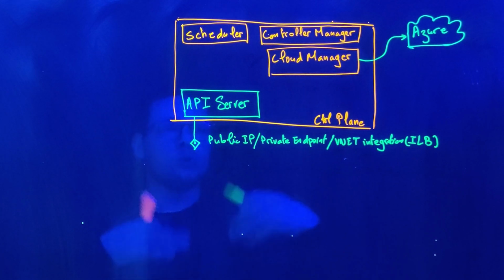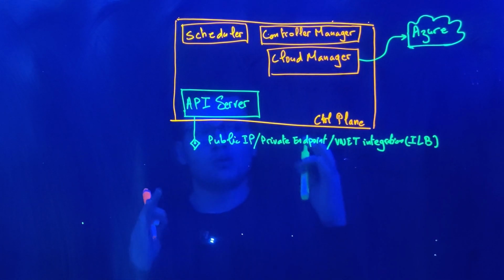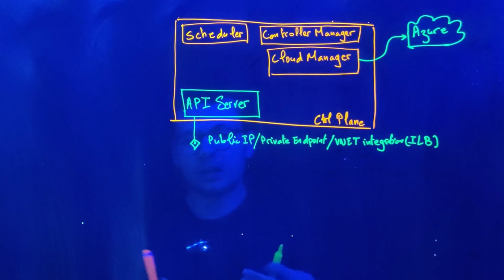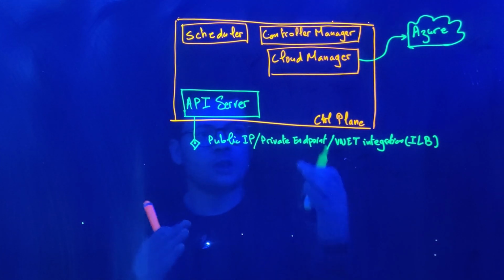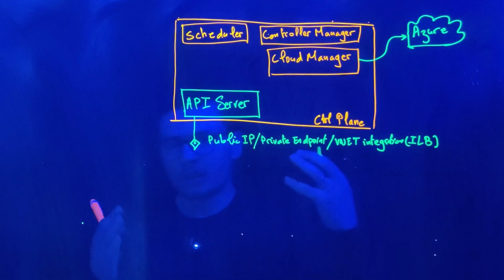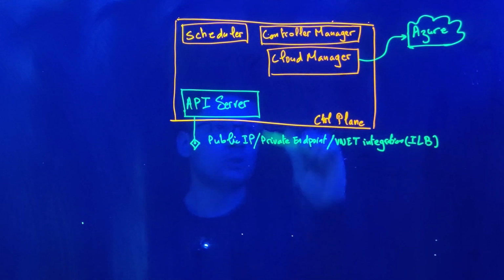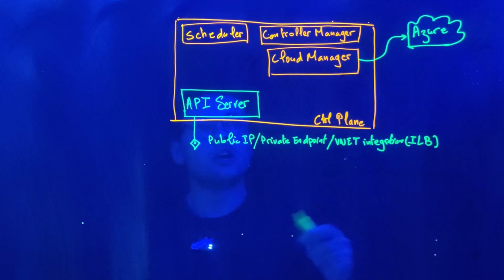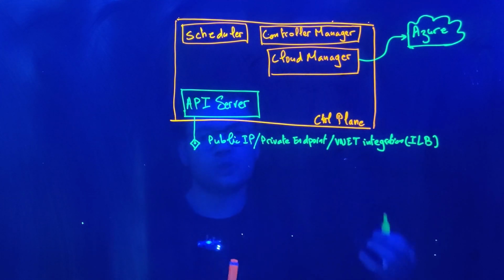When we create the cluster, sometimes we need to create other resources like provisioning the load balancers or some storage accounts and so on. Those will be done through this component right here, the cloud manager. That's how AKS can provision those resources automatically for us.